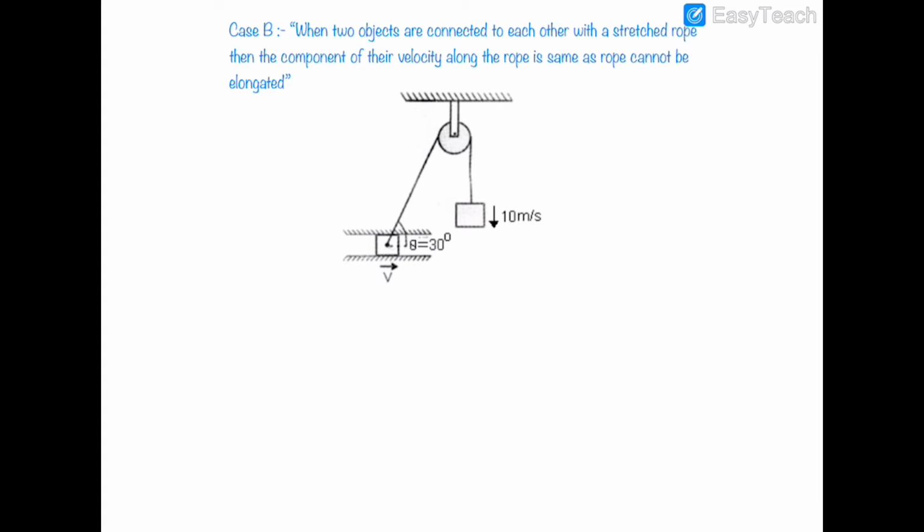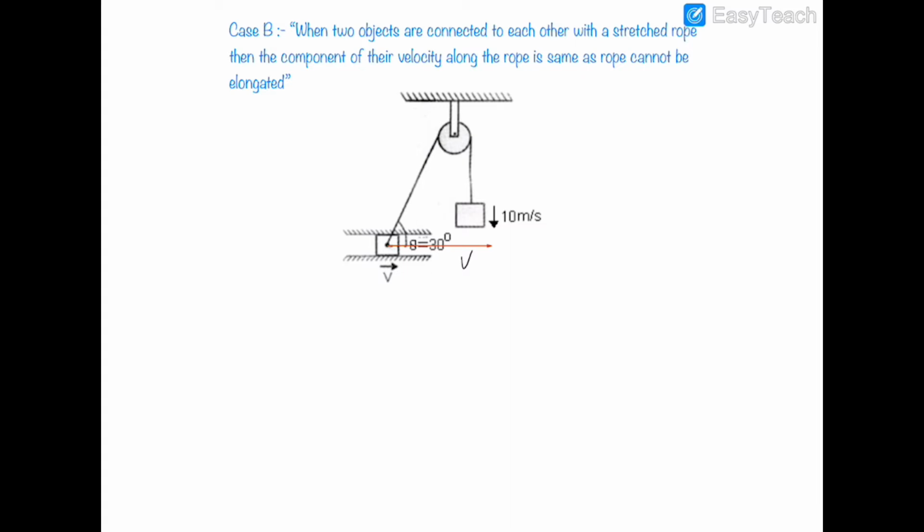In this problem, first we have to write the directions of the blocks which are moving. We have already shown the directions, and now we have to resolve the velocity of the blocks along the rope.